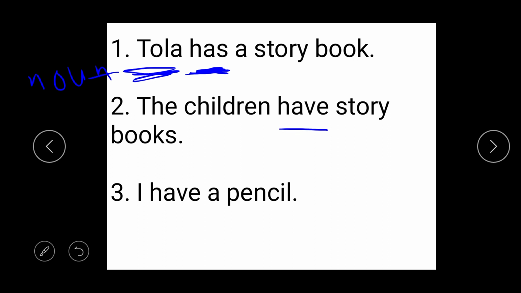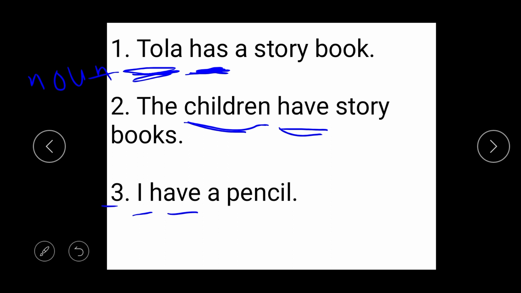We are using the verb have because we are talking about a plural noun, more than one person. We're talking about children, more than one child. So because we're talking about a plural noun, then we must use have. Very simple.